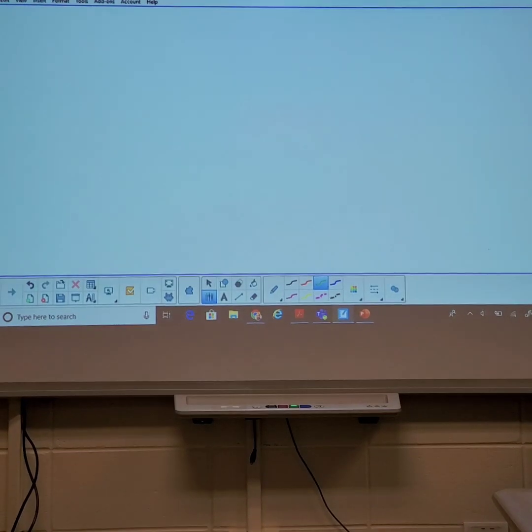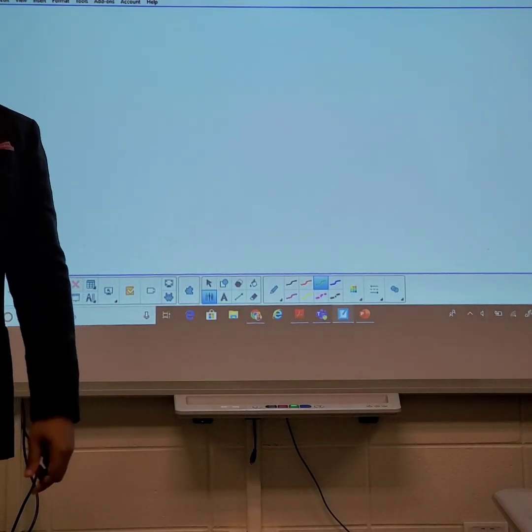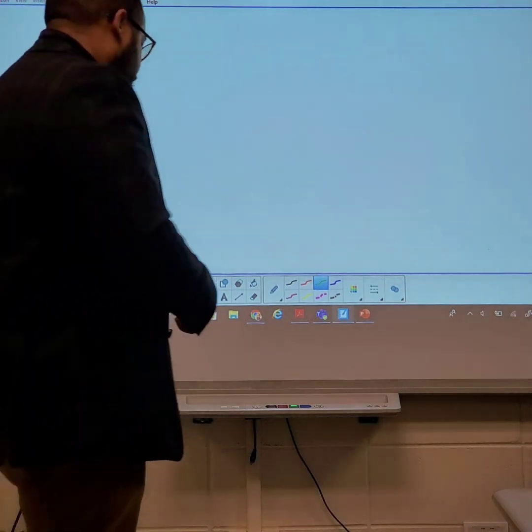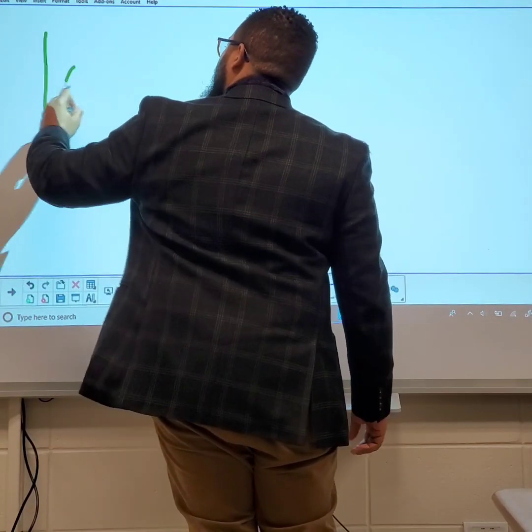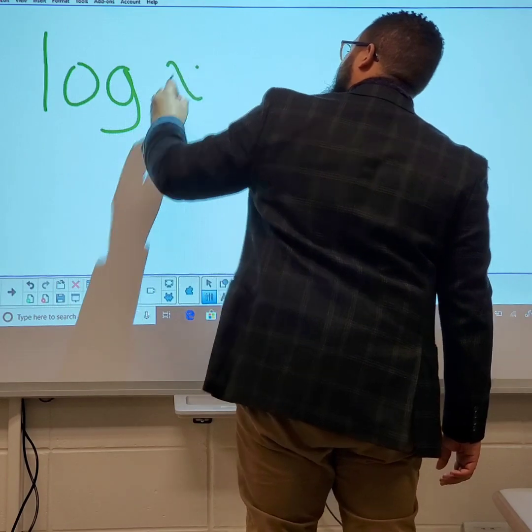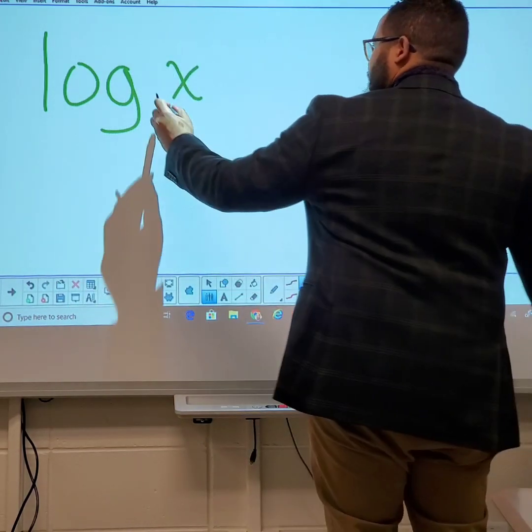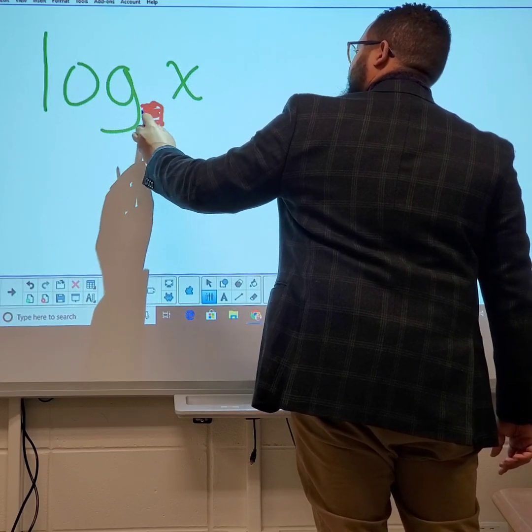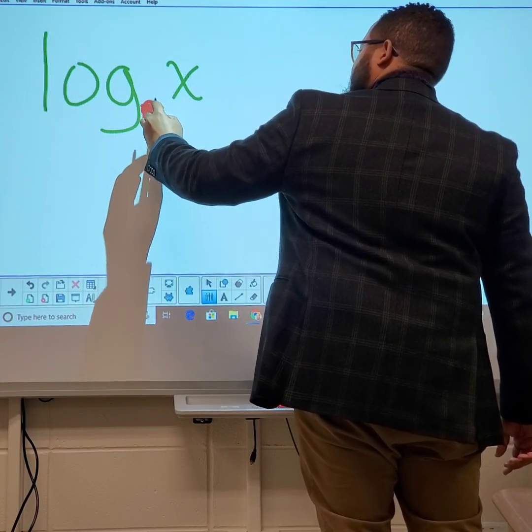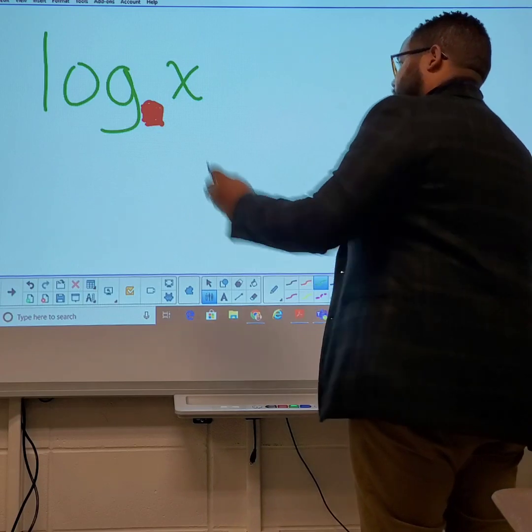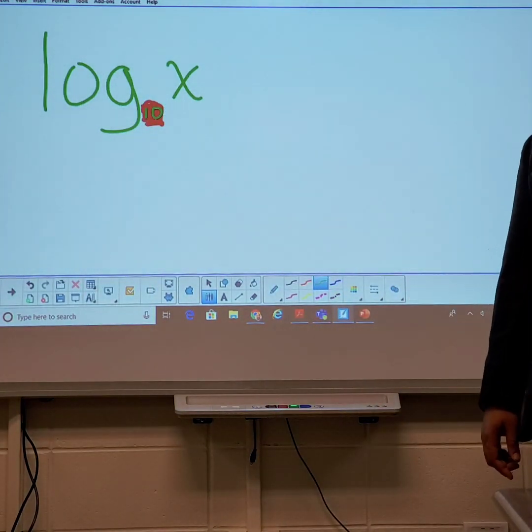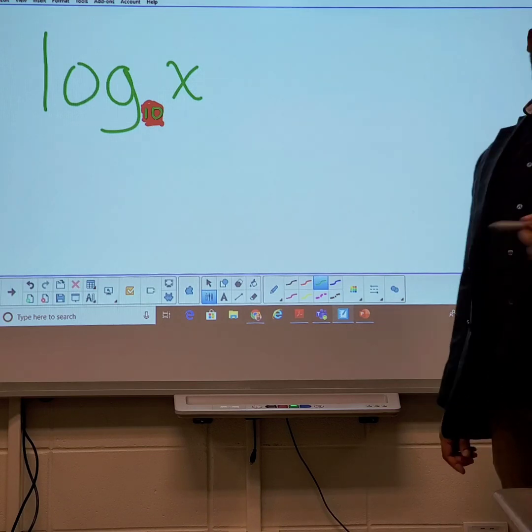All right, so there's two things we need to know to do these problems. First thing, if I see a log of something and there is nothing in the base spot, what's going to go into that spot is 10. Always.